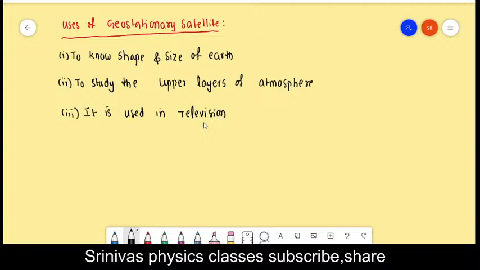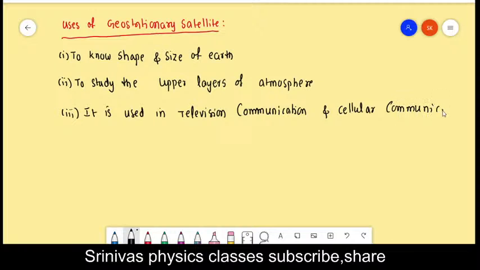The signal is sent from the station to the satellite, and the satellite distributes the signals throughout the world. It is used in television communication and also in cellular, mobile communication.